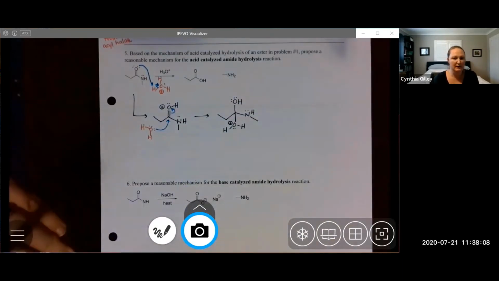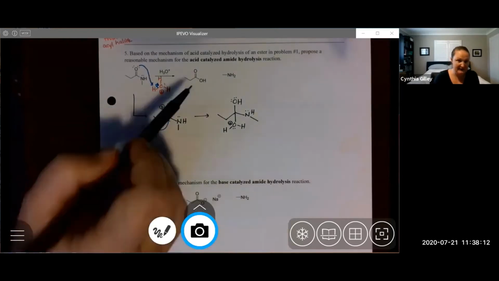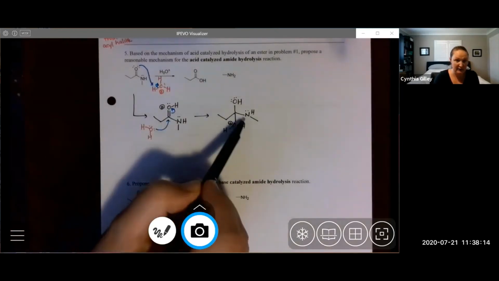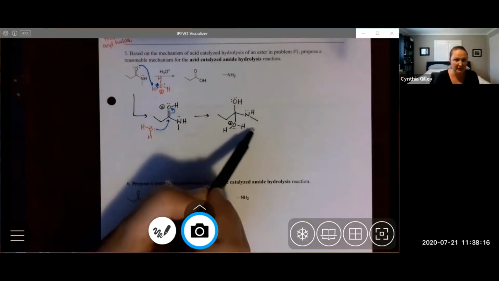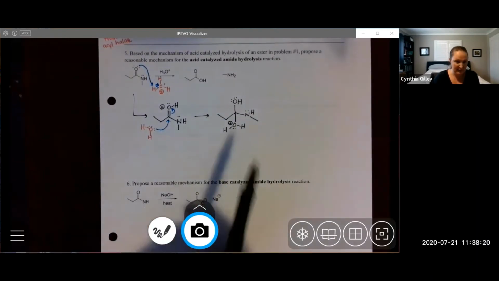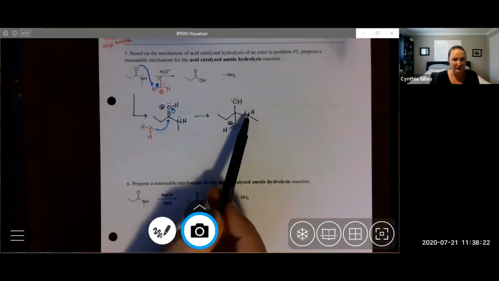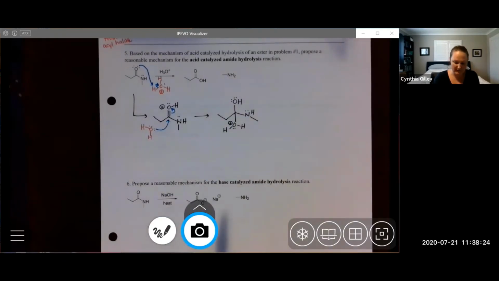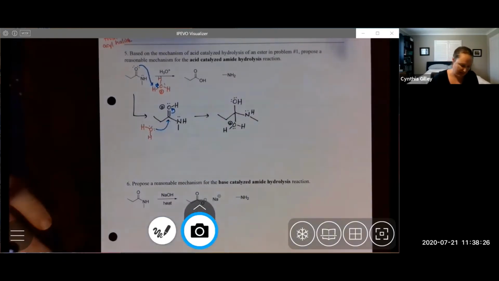After the nucleophilic attack, notice that we are making a carboxylic acid, so we're eventually going to be kicking out this group here. So we need to do a proton shuffle. We basically need to get rid of the proton over here and add it over there to make a good leaving group. We're set up to do that.